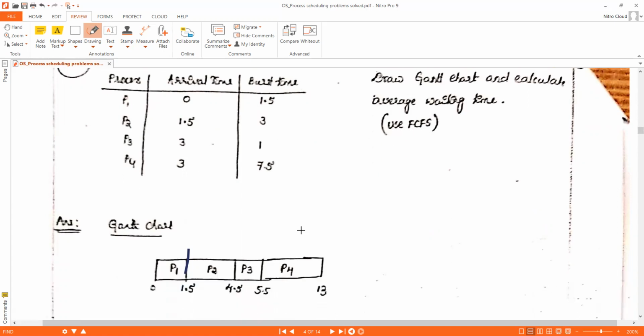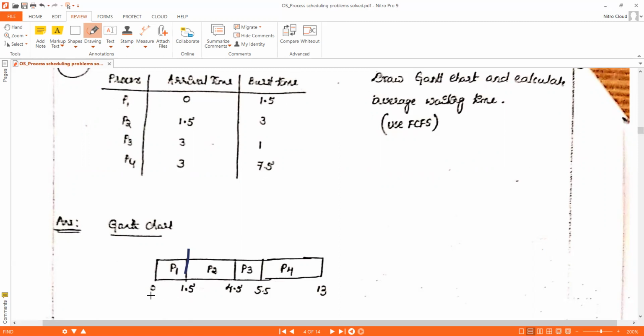Okay, first we need to draw the Gantt chart. Here, the process 1 arrived at clock time 0. At clock time 0, CPU is free. So, process 1 will be allocated CPU. Okay, and process 1 will start executing by the CPU, and its burst time is 1.5 milliseconds.